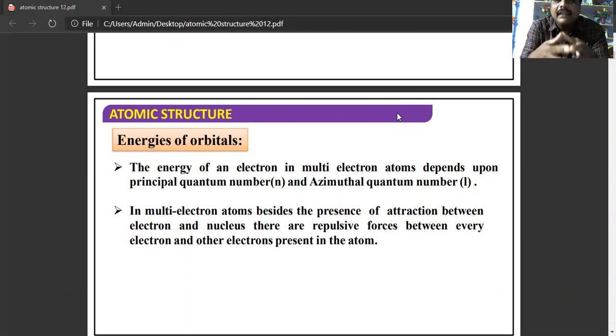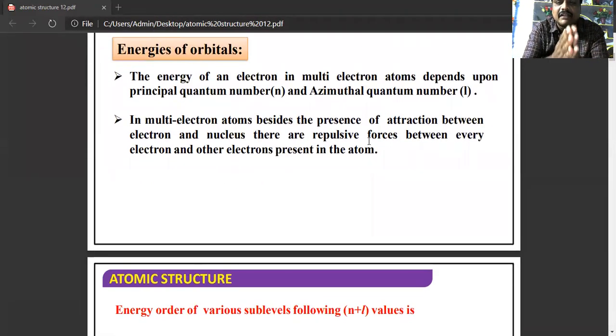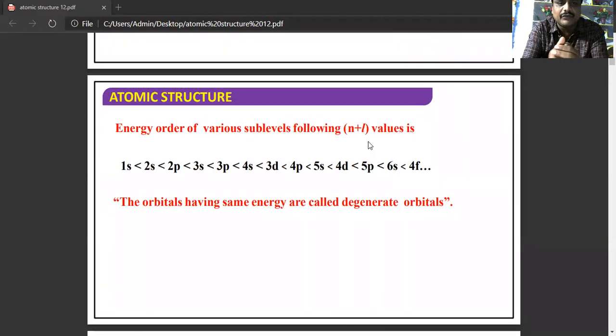In multi-electron atoms, besides the attraction between the electron and the nucleus, there are repulsive forces acting between the electron and the other electrons present in the atom. That means it consists of both attractive forces as well as repulsive forces.